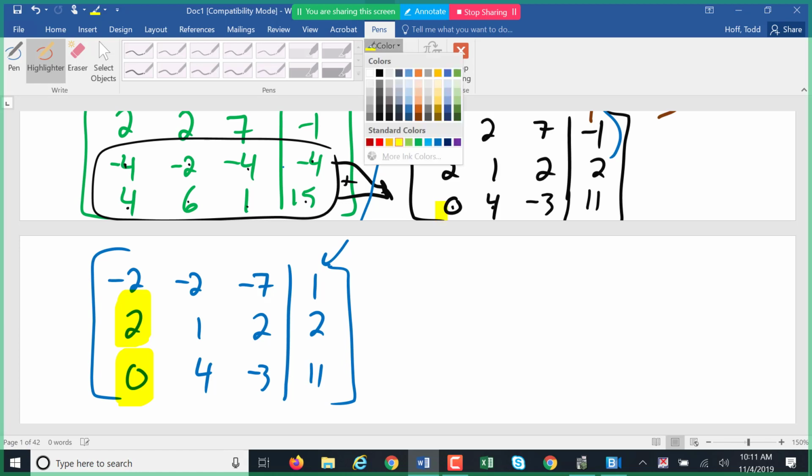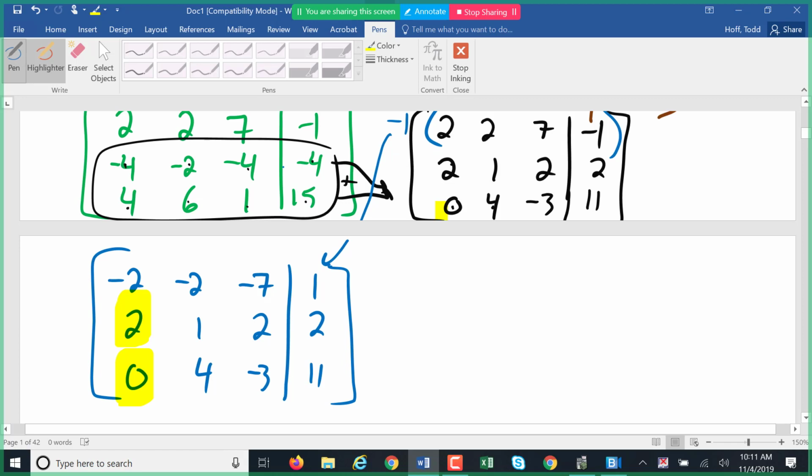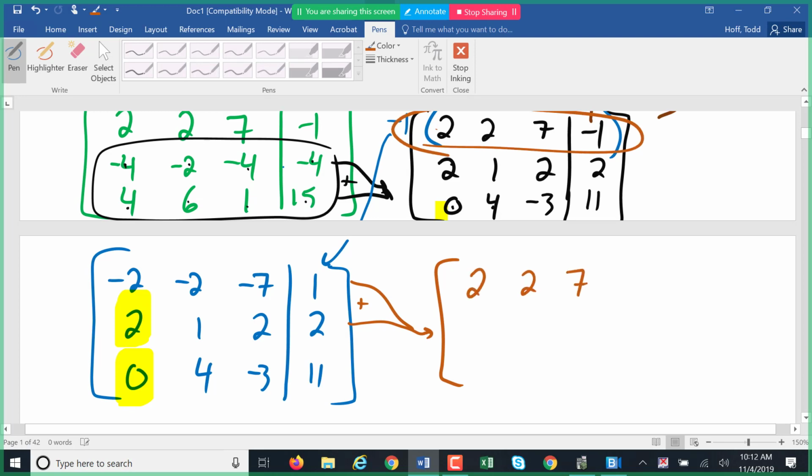So what I'm going to do here is combine these two rows and replace the second row with them. So the top row, I'm going to go back to what I had before I multiplied again, 2, 2, 7, and negative 1. The middle row, negative 2 plus 2 is 0.